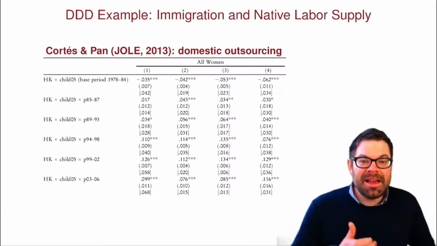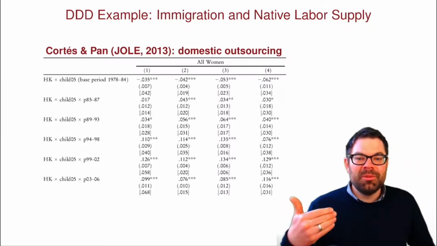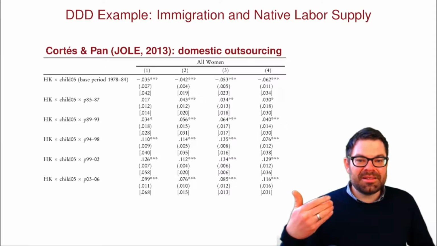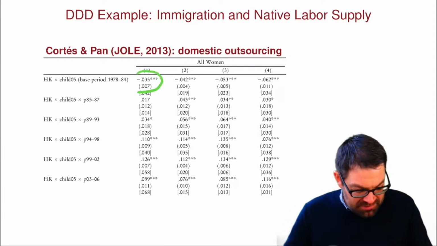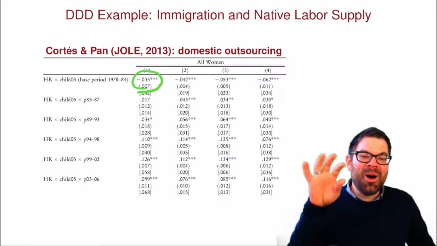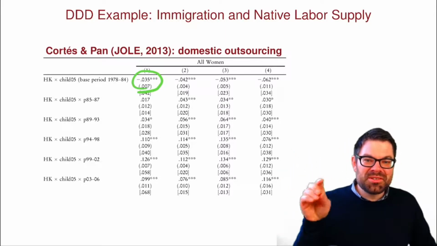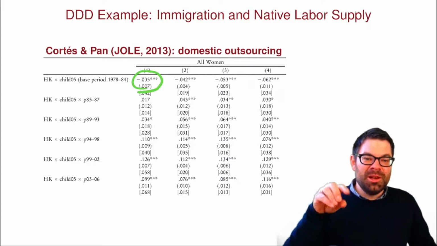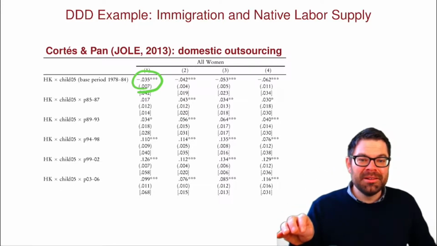So they basically have the pre-period where you can actually see that female labor supply in Hong Kong among women with school-age children was actually lower compared to Taiwan.